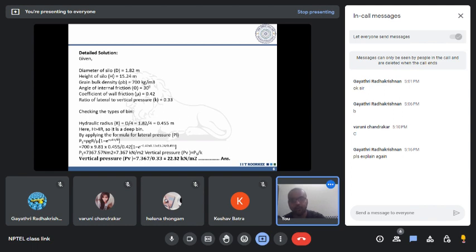Now you need to find out the vertical pressure. For vertical pressure, the formula is lateral pressure upon k, the ratio of lateral to vertical pressure. That will be 7.367 upon 0.33. So that will be your vertical pressure, 22.32 kilonewton per meter square.